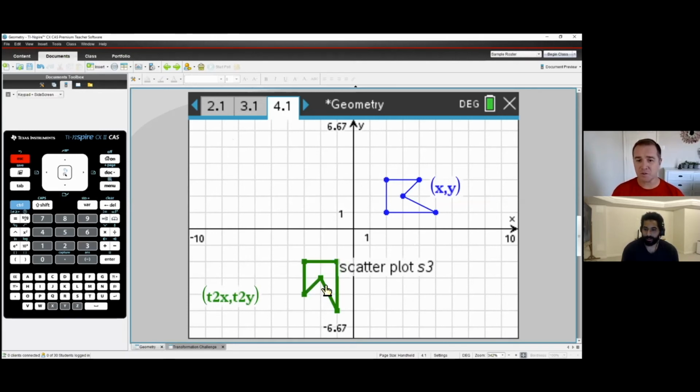There are 2 things that I notice about this particular one before I start trying to guess at what we're doing. The longer pointy end here is kind of mapped to this longer pointy end. And if I just take this and spin it around, it looks like if I tried to rotate it about the origin, that isn't going to work. I'm not going to get there that way.